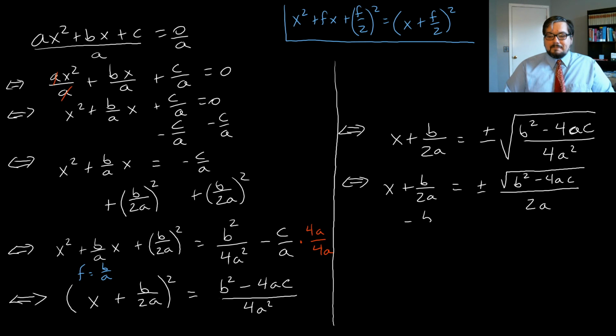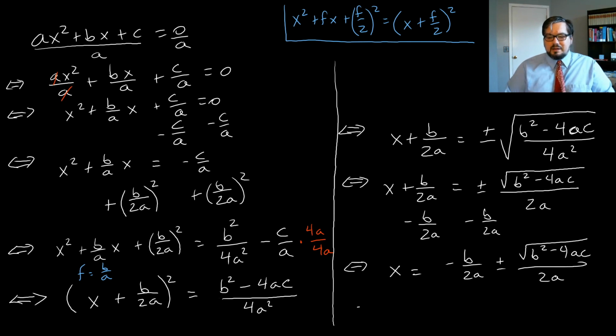Now finally, we can get x by itself by subtracting b over 2a from both sides to get x is equal to negative b over 2a plus or minus the square root of b squared minus 4ac all over 2a, and therefore x is equal to, by combining them together with the same denominator, negative b plus or minus the square root of b squared minus 4ac all over 2a.